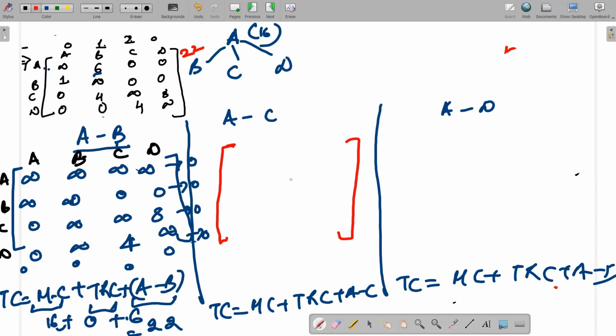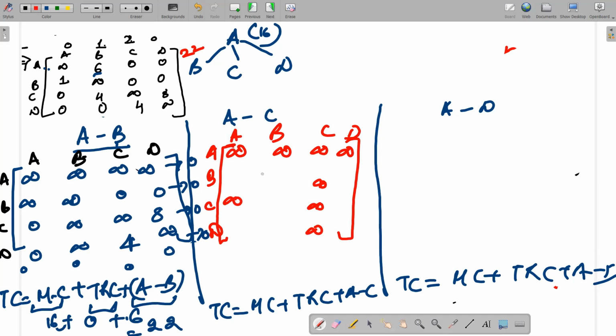if I have to calculate the Ath row and the Cth column, infinite, we got A, B, C, D, A, B, C, and D, right? And I cannot travel from C to A also. So this answer is also going to be infinite. Fine.